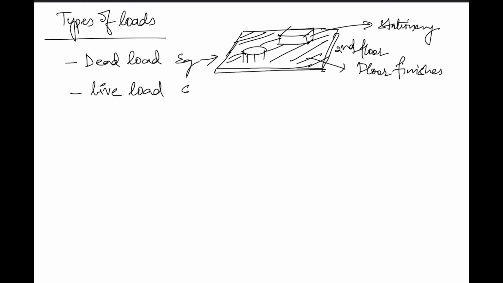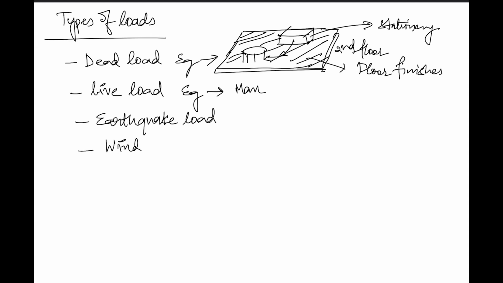Now we have live load. This is simple to understand. Maybe there's a person walking from this couch to the table. That person is actually acting as a live load there. In certain seismic zones, you have earthquake load. You can even have a wind load.